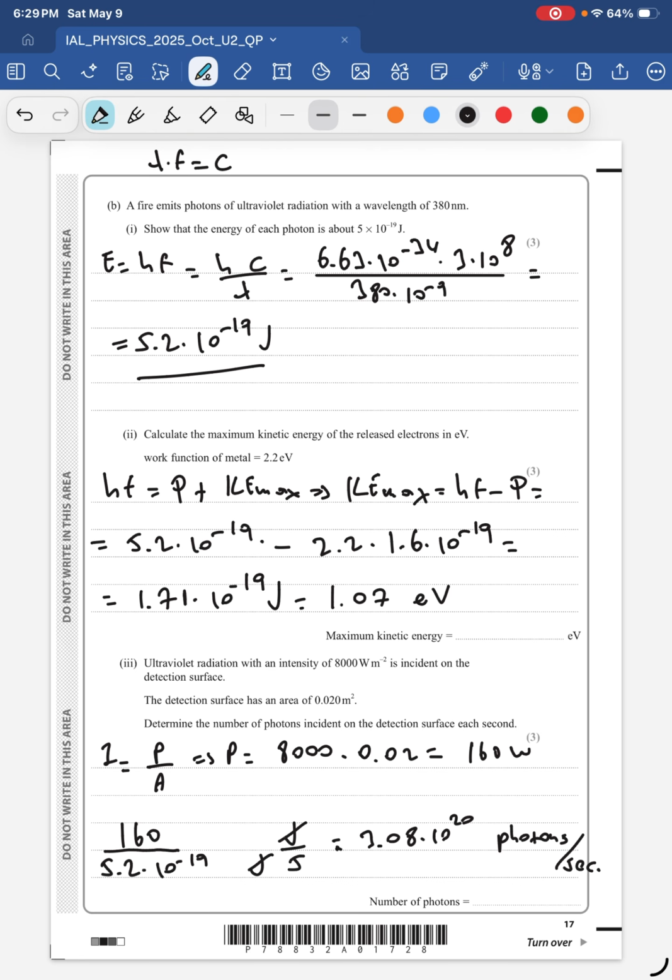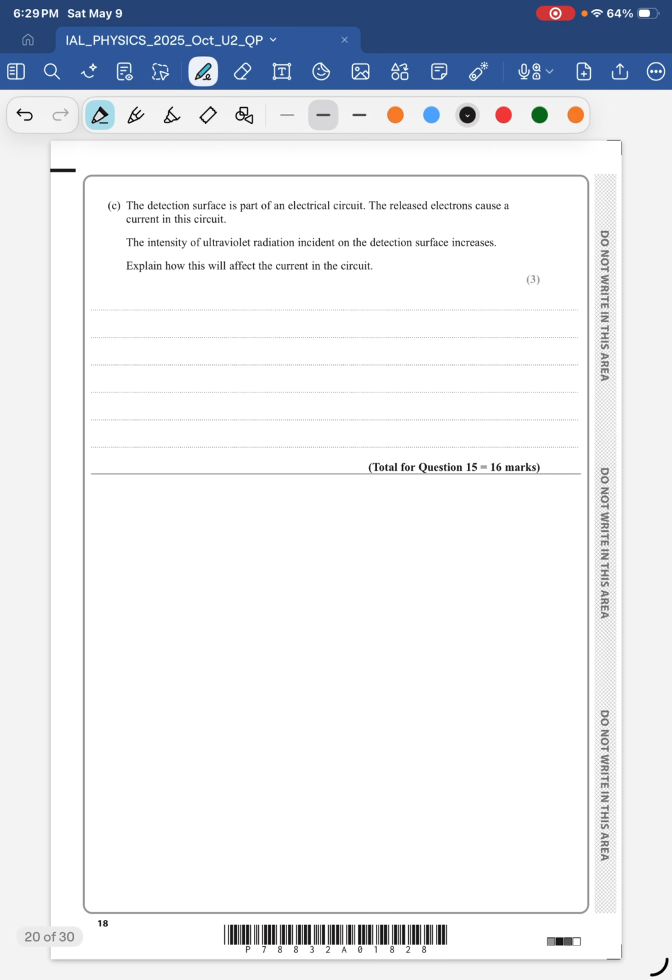All right. There is a part C in this question. They say that the detection surface is part of an electrical circuit. The released electrons cause a current in this circuit. The intensity of ultraviolet radiation incident on the detection surface increases. Explain how this will affect the current in the circuit.